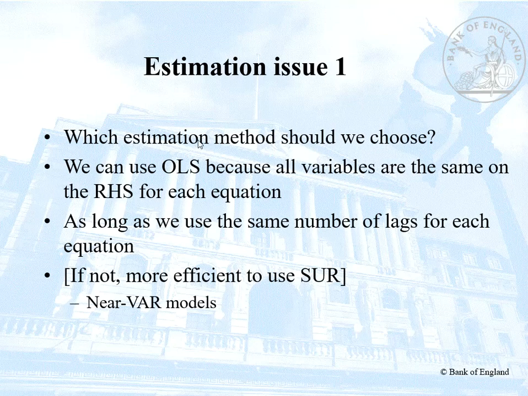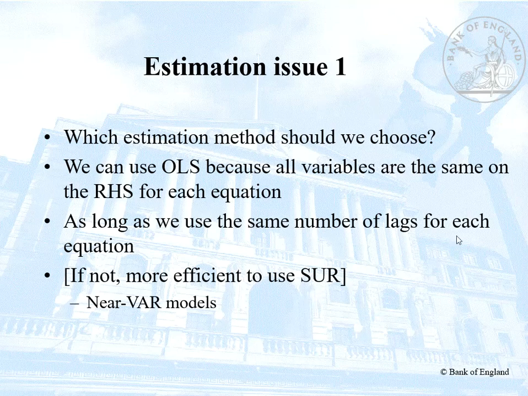One assumption is that if we have a multivariate regression and on the right hand side we have the same independent variables, then you will gain nothing from the seemingly unrelated regression, so you can use OLS.